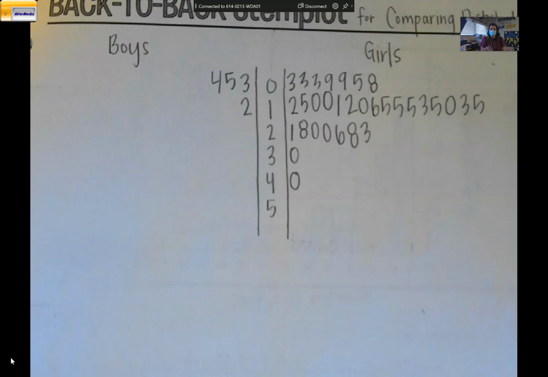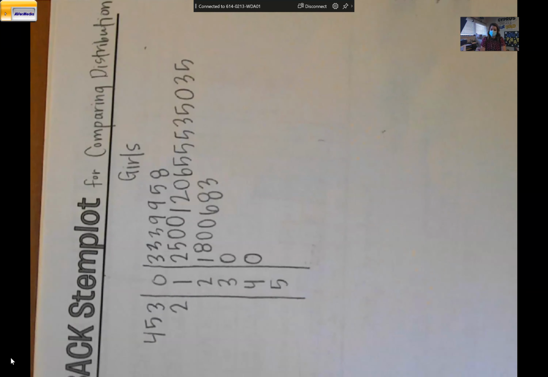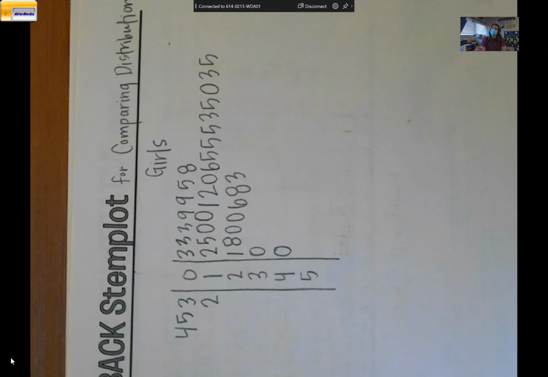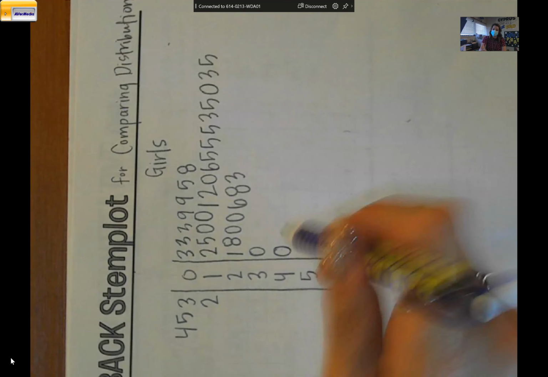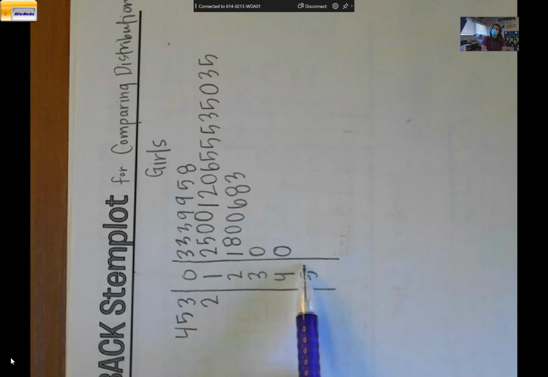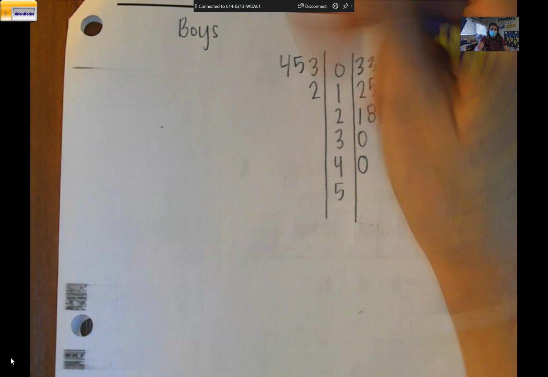This is the first time that I've done this, and the distribution is almost roughly symmetric. Like without these two right here, without the 30 and the 40, that distribution I think would be symmetric. That's the only time I've ever seen that in all the times I've done this. How interesting. Okay, let's go on the boys' side now.